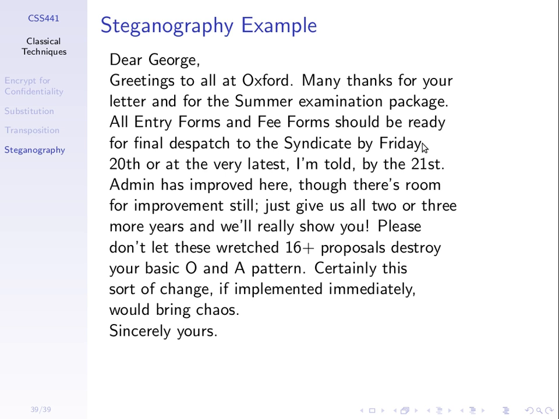Your package ready, Friday 21st, room 3, please destroy this immediately. All right, so there's the message that was hidden inside this normal looking letter. So this is steganography. We can communicate a message secretly to someone else.